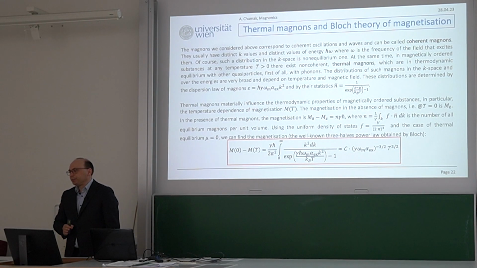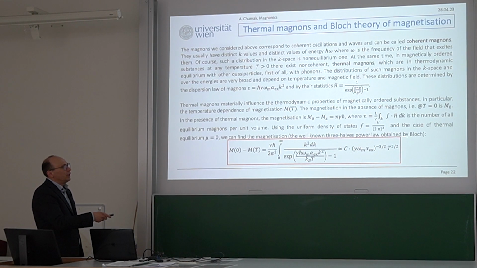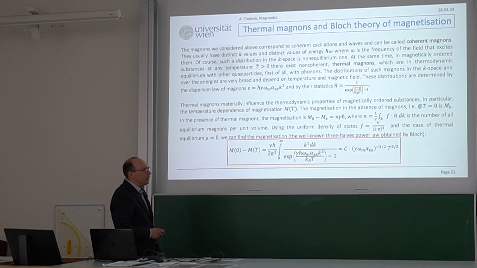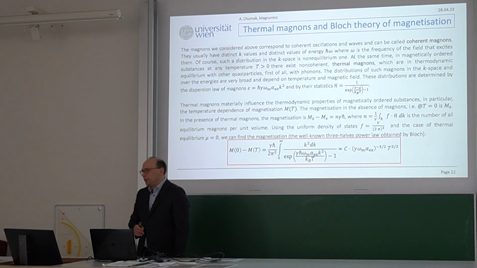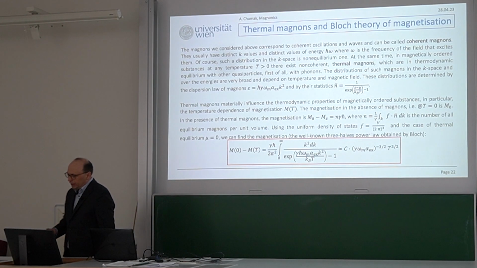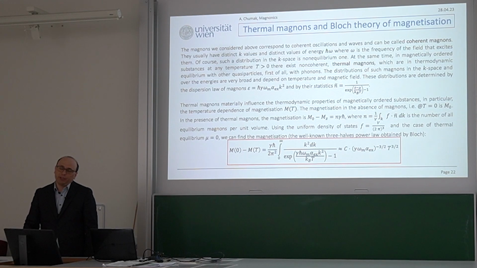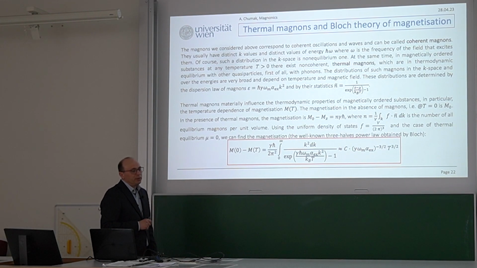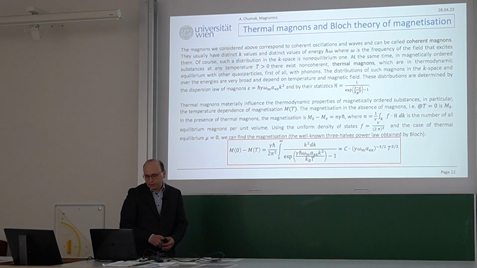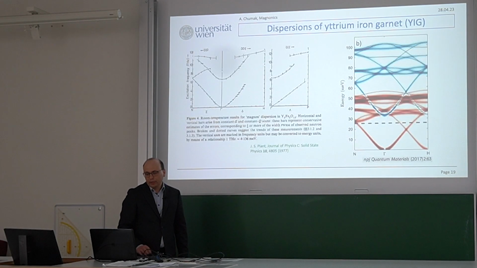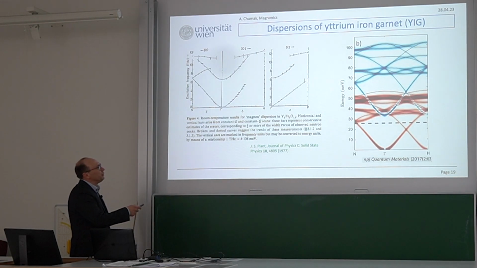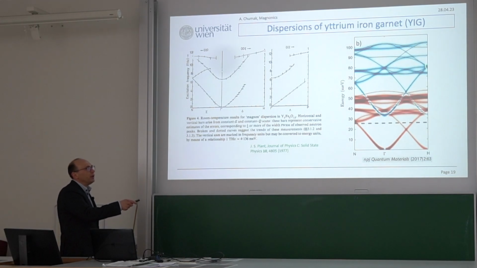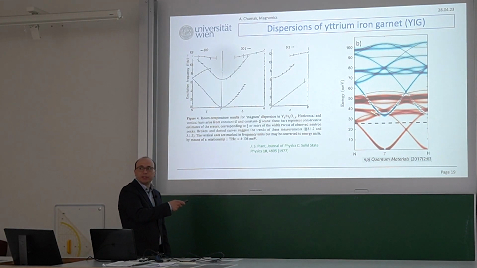And this principally is the famous law of Bloch. Here I should say, you can also check it in the Gurevich-Melkov book, that it works only for some materials, although it's so advanced. For example, it does not work for yttrium iron garnet because, as we already discussed, this formula was obtained taking into account only these magnons, but all these magnons also influence magnetization.